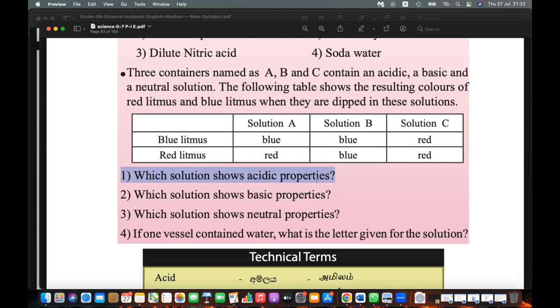Which solution shows basic properties? Base. Solution B. Okay. Which solution shows the neutral properties?